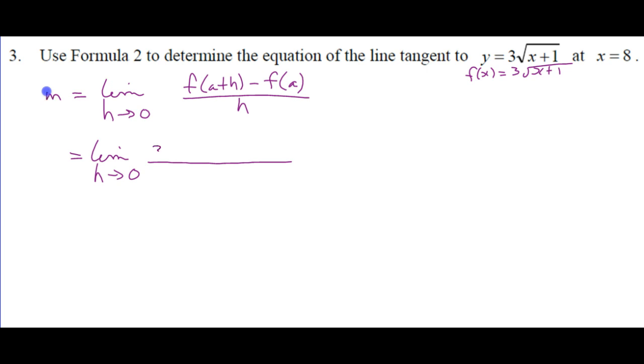So what is it? 3 times the root of a plus h plus 1, minus 3 times root of a plus 1, over h.